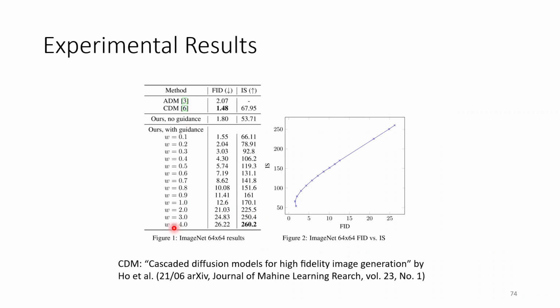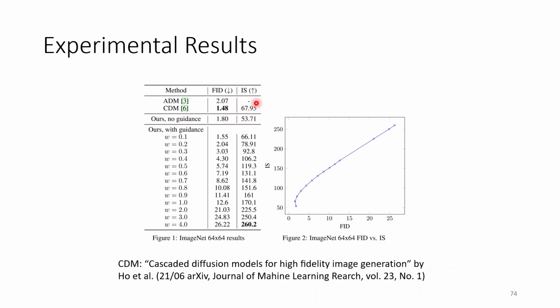So let's see their experimental results. Okay, so the ADM is the diffusion model, the one proposed by OpenAI, which beats BigGAN. And the CDM is another paper, the previous work of Jonathan Ho, the cascaded diffusion model. If the model is without the guidance, the FID is worse.